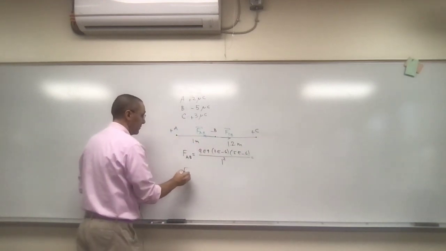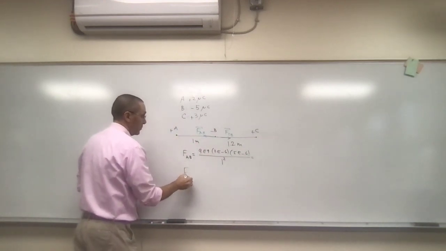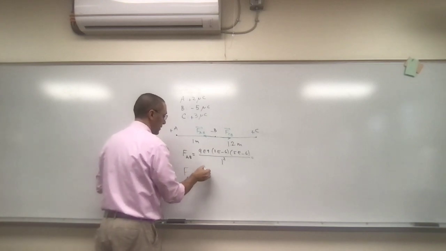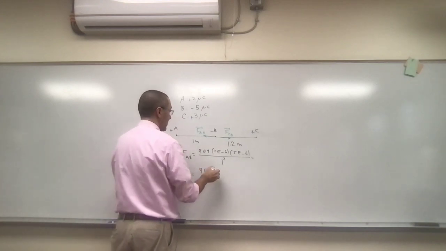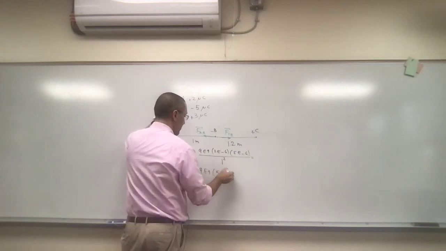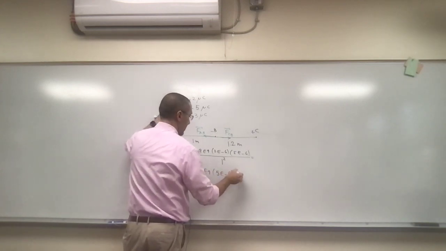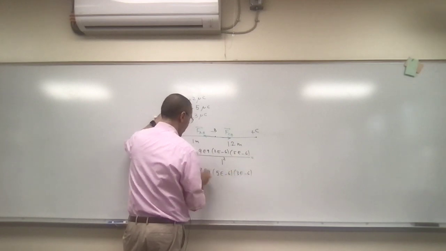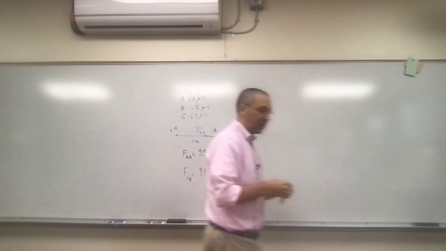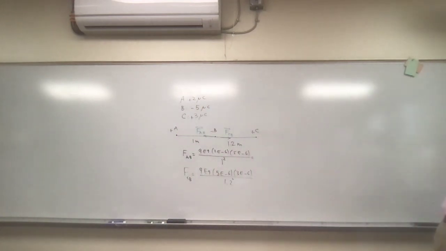Now let's do the force that C exerts on B. Again, it's 9 times 10 to the 9th. The charge of B is 5 times 10 to the negative 6. The charge of C is 3 times 10 to the negative 6 divided by 1.2 squared. So let me get my calculator and do this.